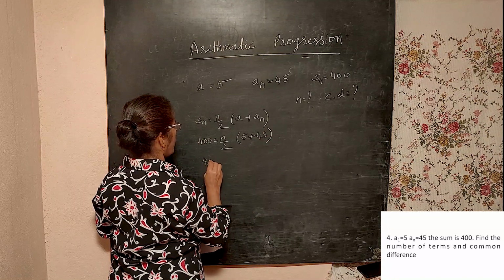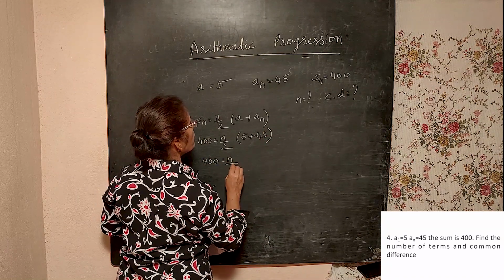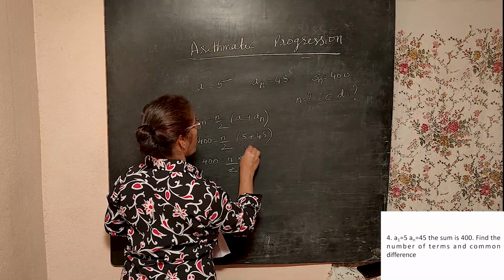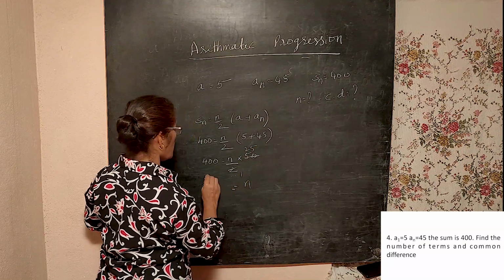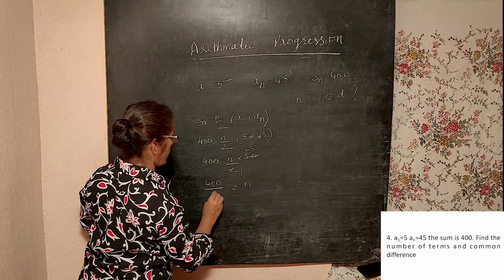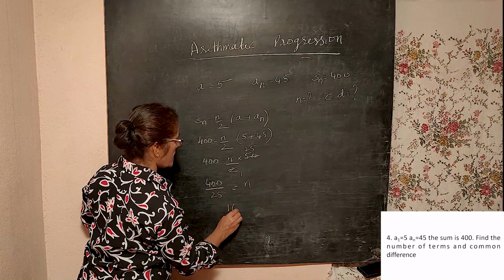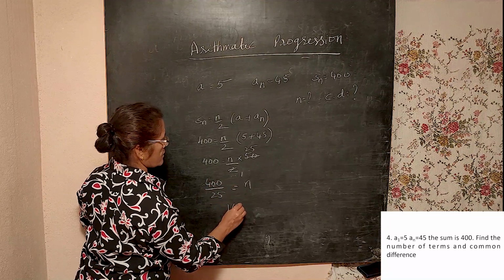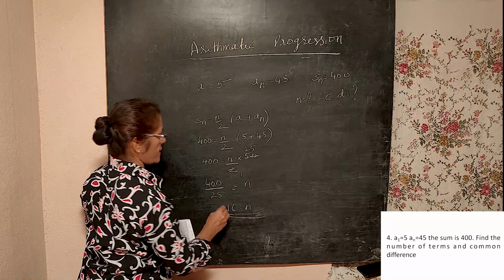So 400 = n/2 × 50. 2 ones are 2, 25s. So n = 400 divided by 25 = 16. 25 ones are 25, 6 are. So n = 16.